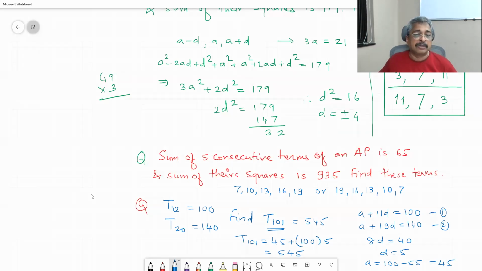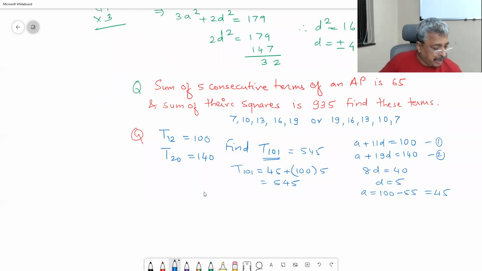Simple. Next problem. Last problem of the day. Question. T6 is 10, T10 is 90.